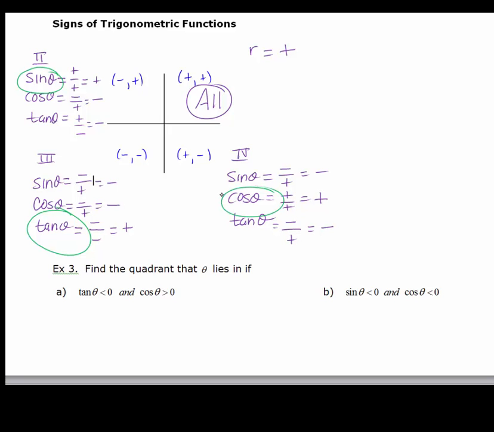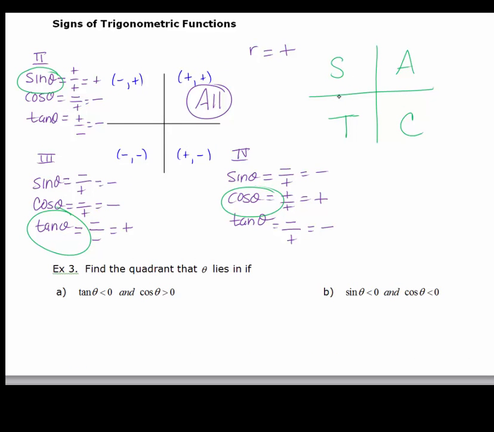There is a little mnemonic device that will help you remember what the signs of the trigonometric functions are in each quadrant. I guess I wouldn't call it a mnemonic device, it's more just a table or a chart. And that is all students take calculus.